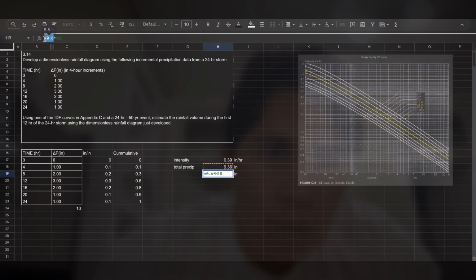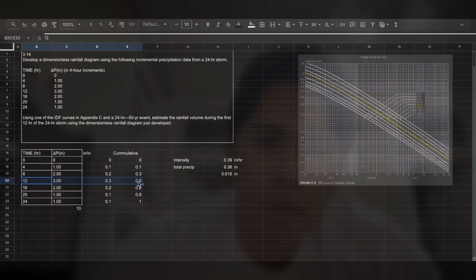Why did I do 0.6 times the total precipitation? Because in the first 12 hours we have 0.6 of the total precipitation.